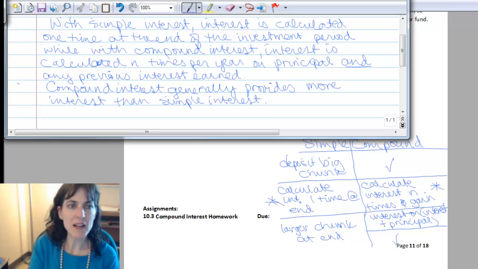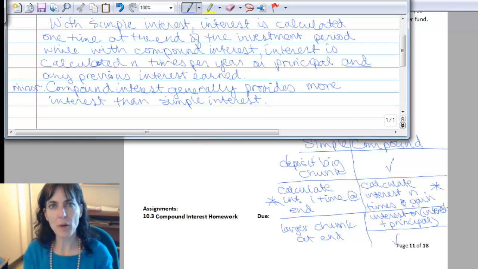Okay, so that's a minor difference. I mean, it's major if you're thinking about money, but if we're trying to talk about the major difference between the two concepts, it's in how the interest is calculated.